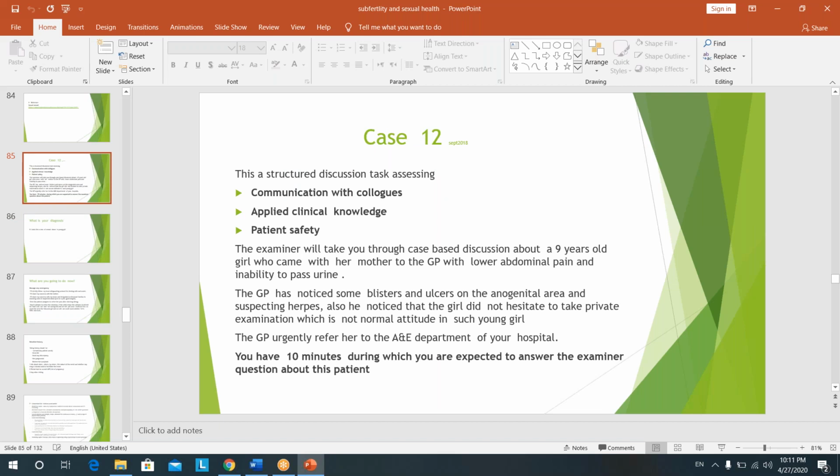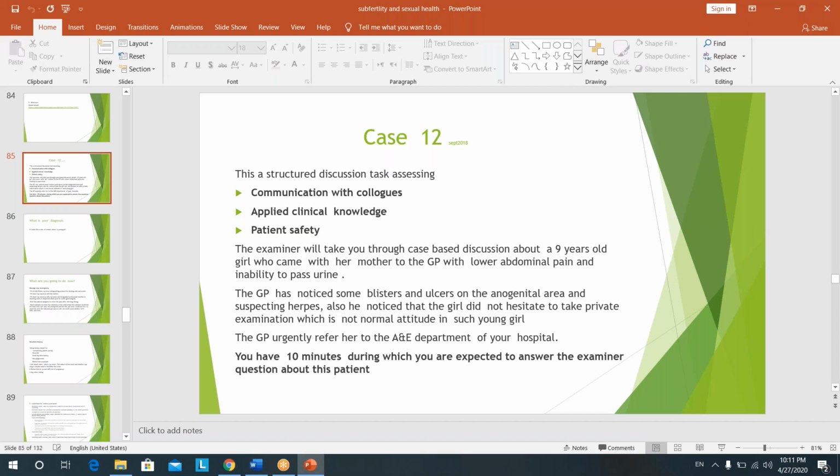Then if there is high suspicion of herpes simplex, the priority will be to give her a painkiller and to give her acyclovir. This patient needs to be screened also for other sexually transmitted infections and needs to be seen in the GUM clinic.